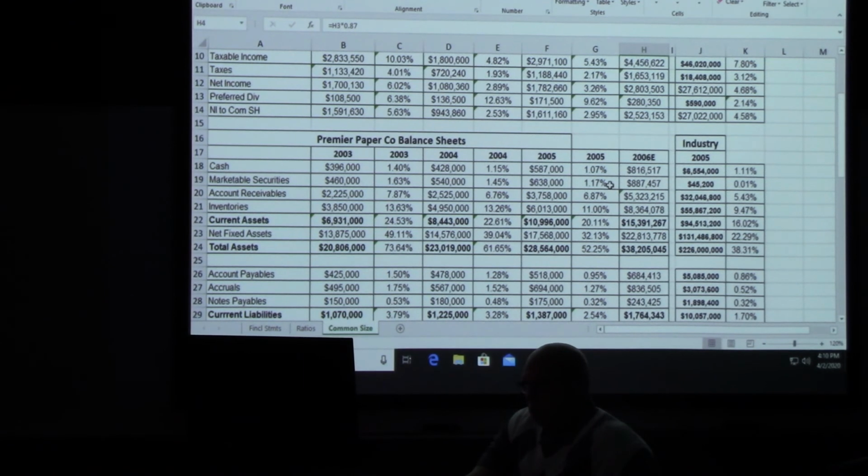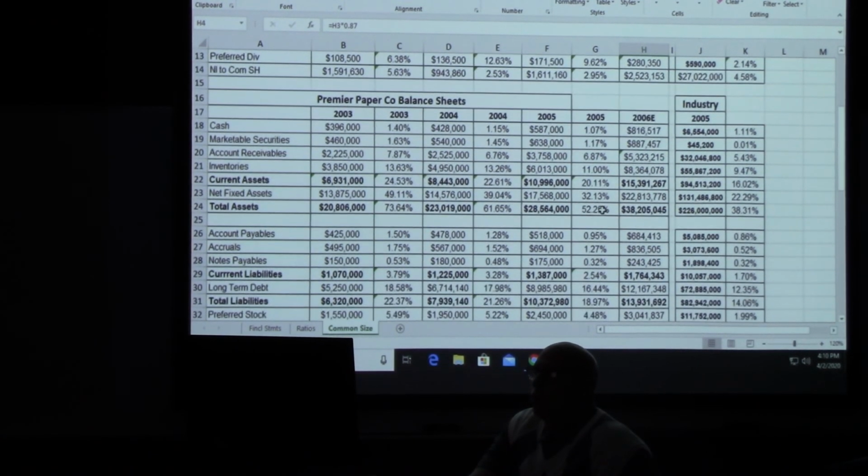And the lower your accounts receivable are as a percentage of sales, the faster you can grow without needing more capital. The lower your inventories are as a percentage of sales, the faster you can grow without having to spend as much money on inventory. The lower your net fixed assets are as a percentage of sales, the faster you can grow without having to spend as much money on net fixed assets.